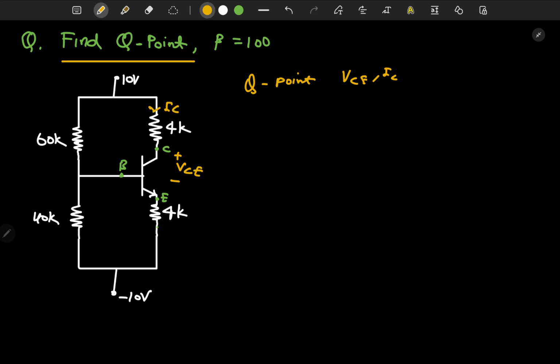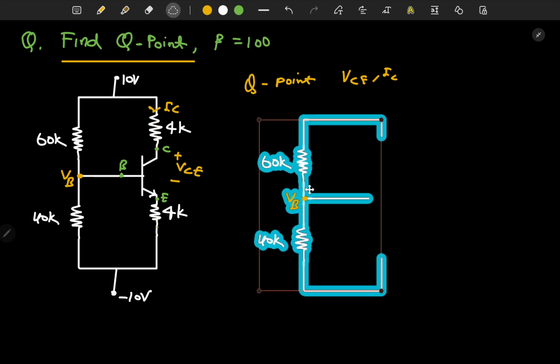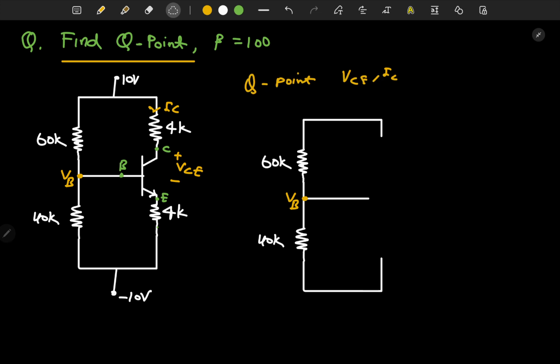As we can see, this is a voltage divider circuit, so we need to find the voltage across this, VB. So let us draw this branch only. Now, when we are finding the voltage VB, we have 10 volt at the upper terminal and minus 10 volt at the lower terminal.